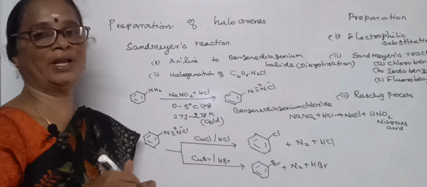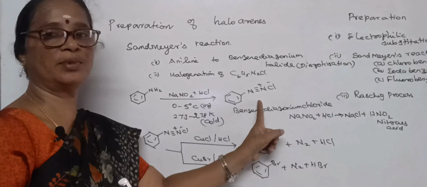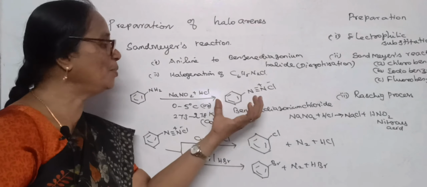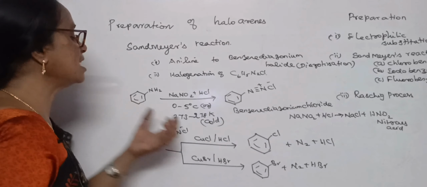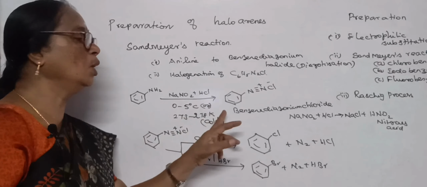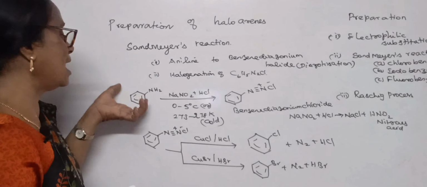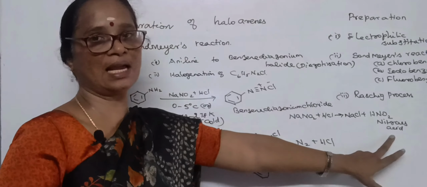Why is the reaction carried out in cold condition? Since the product formed may decompose even at room temperature. So the stability of the product is very low, and hence the reaction proceeds at the lower temperature. In this case, the aniline is diazotized by using nitrous acid.